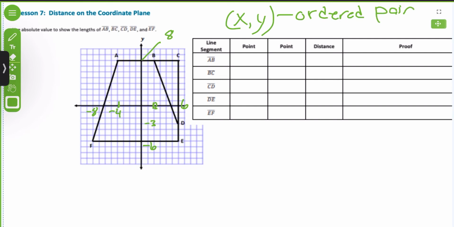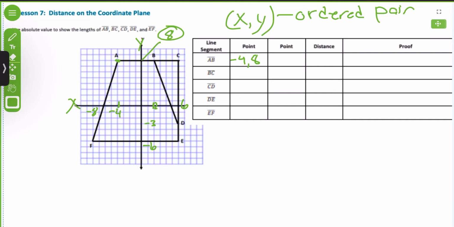Where do we get our X's and our Y's? Well, this is the X-axis and this is the Y-axis, right? So what is our X for this point right here for A? -4. What is the Y? 8.